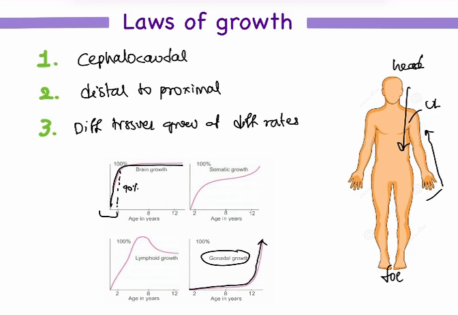First gonadal growth is stagnant, then there is increase in puberty. Somatic growth: first there is increase in growth, then a plateau phase occurs, then an exponential phase occurs in puberty. Lymphoid growth occurs between 4 to 8 years. It is more than the adult size between 4 to 8 years.